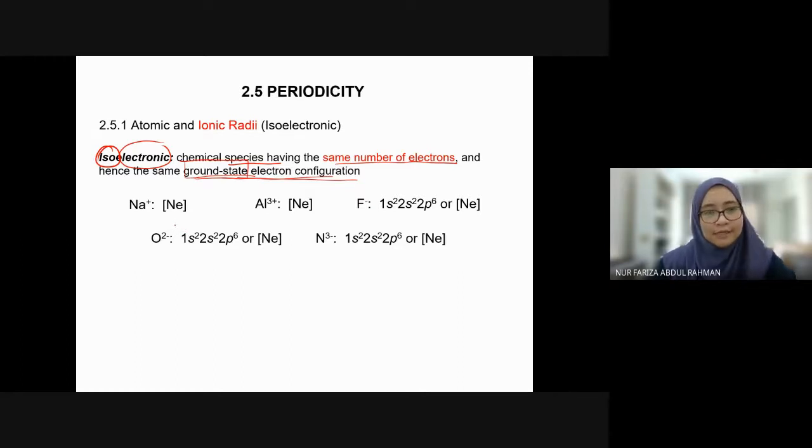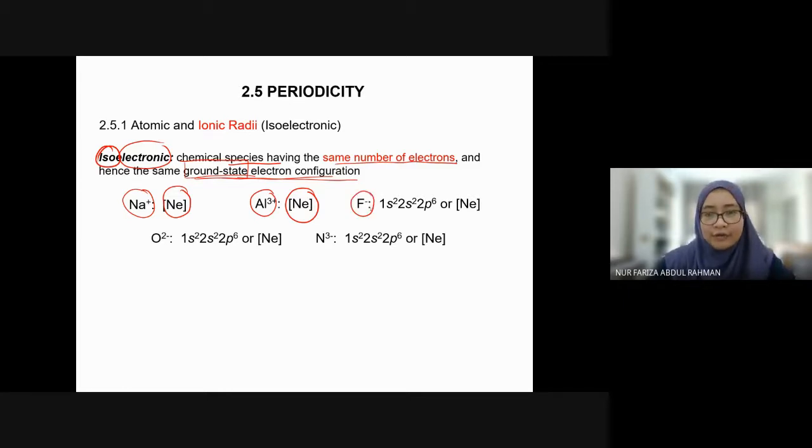For example, sodium plus: when sodium becomes a cation, it now has the same electron number as neon. The same goes for aluminium 3+: when it removes 3 of its electrons, it now has the same number of electrons as neon. The same goes for fluoride ion, F-.